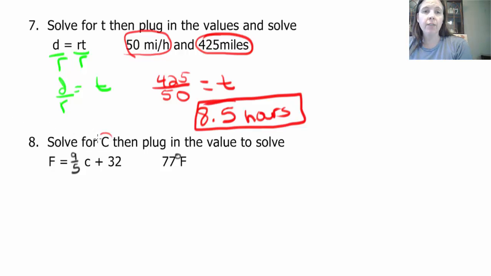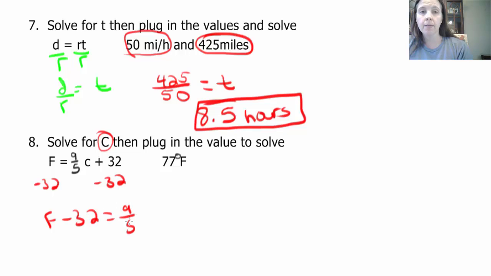Okay, same here. It says solve for C. So if it tells you that, yes, you have to do that. So we're going to subtract 32. This is how you convert Fahrenheit to Celsius, or Celsius to Fahrenheit, either way. So we want C all by itself. So we need to multiply by the reciprocal. Oops, that should be a 9, not a 6.